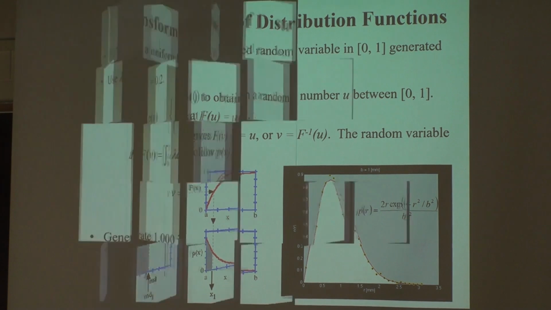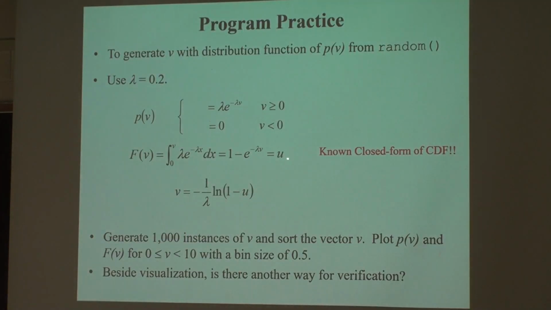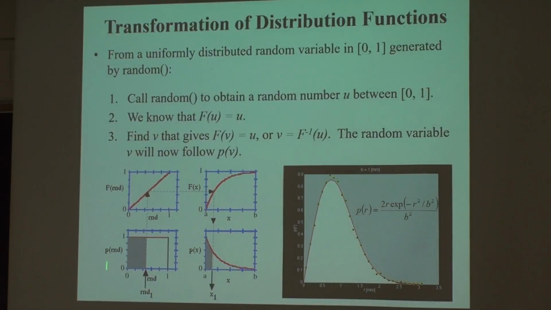After that, F of V is equal to U, so now the goal is to find V. So it's the inverse of F, with U as the variable. So the cumulative distribution function of any distribution would be equal to the uniform distribution then? Can we say that? For that, at this evaluation, yes. So you transform your uniform distribution to this CDF.